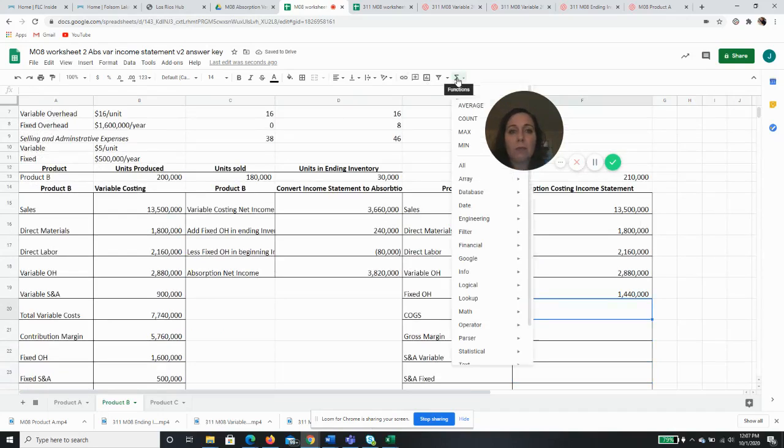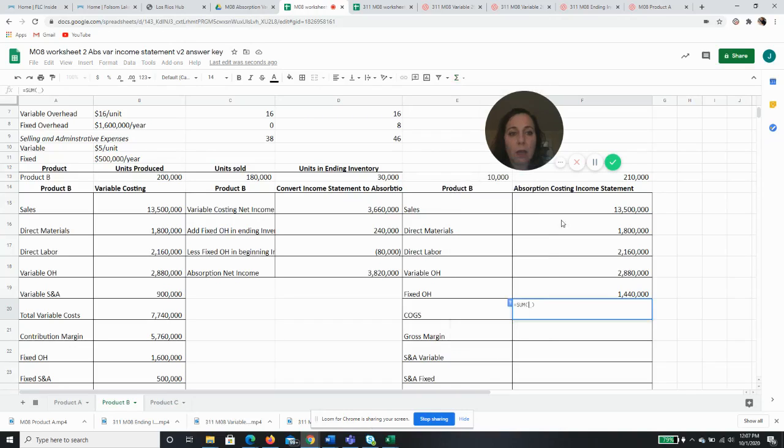So I add up all of my product costs, and that's going to give me a COGS of 8,280,000. I'm going to get my gross margin, or gross profit, by taking 13,500,000 minus my COGS of 8,280,000. And that gives me a gross margin of 5,220,000.